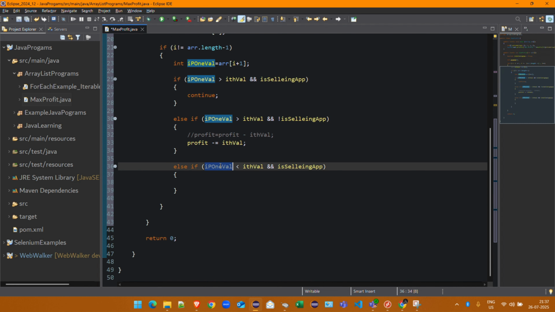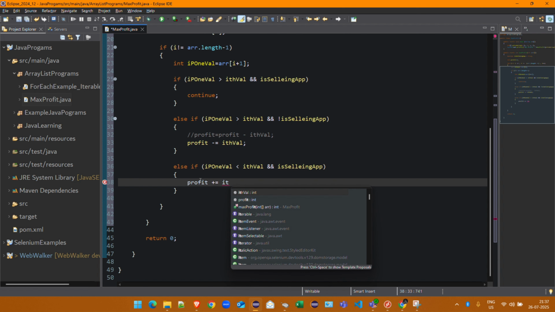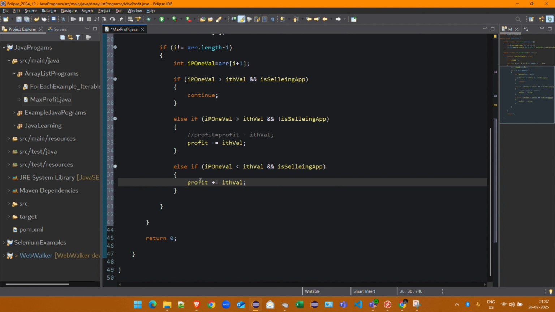So what it says is that on the next day, the share price would be less than today's, and selling is applicable, the first condition. That means we have something to sell, and tomorrow the prices are going to decrease. So we will sell today only. So I would write profit plus equal to ith value. So the ith value would be added to profit.